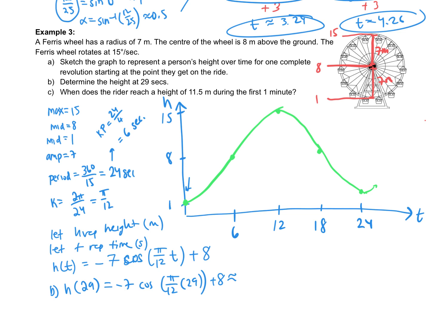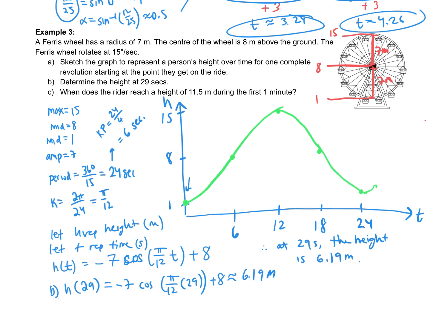And if you punch it in correctly, and you're in the correct mode, you should get 6.19 meters. Okay, so therefore, at 29 seconds, the height is 6.19 meters.